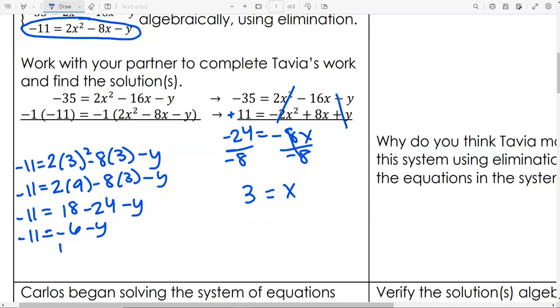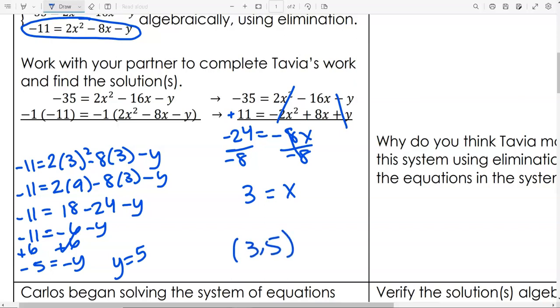Add 6, okay. So we have negative 5 equals negative y. Are we done? Divide by negative 1, and we get y equals positive 5. So this is showing that it has how many solutions? Just one solution, and it's happening at the point (3, 5).